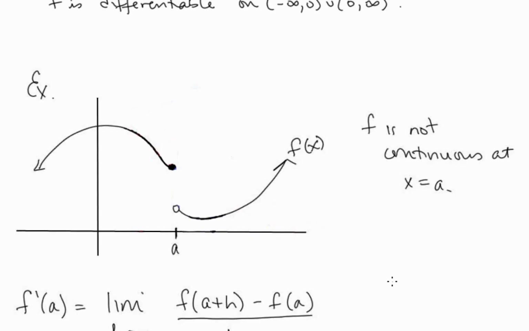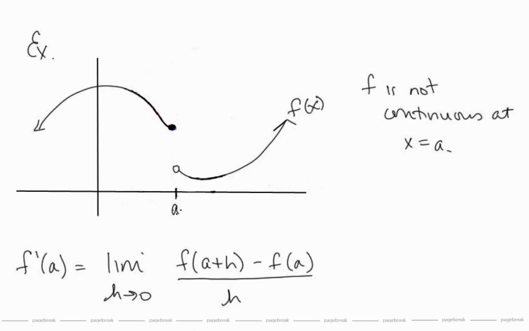Let's also take a look at this function here with a discontinuity at x equals a. And I've particularly drawn this graph so that it looks like the slope here is equal to the slope here. And so you might be wondering, well, then wouldn't the left slope equal the right slope, and wouldn't the derivative exist at that point? Well, we have to be careful with this computation for the limit definition. Notice that the limit definition uses f of a.